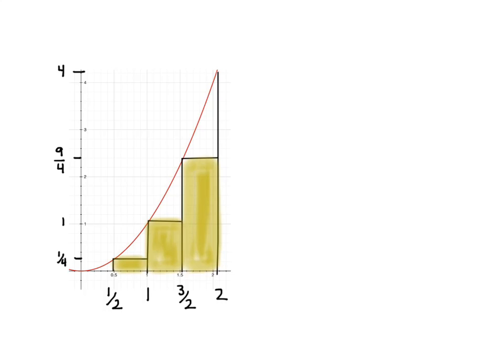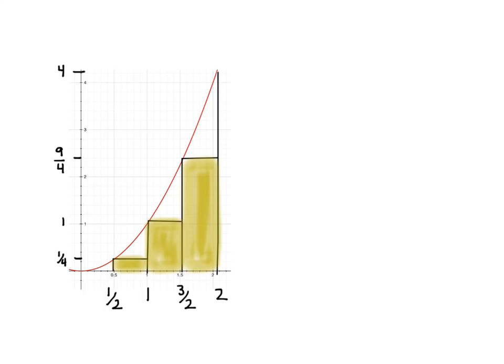Now we can make an estimate of those areas by saying, okay, I'm going to take the left side of these intervals, and so for this last interval I'm going to take f at x equals 3/2, and I'm going to set up these rectangles, and here, f at 1 equals 1, and so I'm going to take the area of this as being, the width here is 1/2, the height is 1, all the way down to this one where if I look at the left side of my interval, it's 0, and so I really do have a rectangle here, but it's of 0 height.